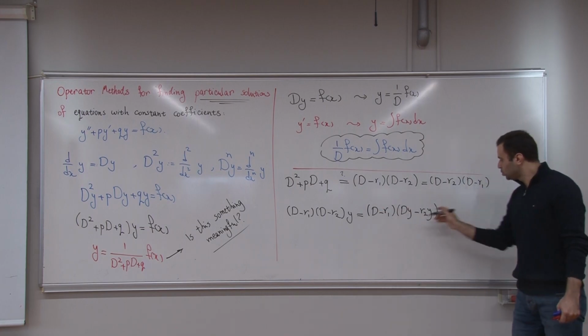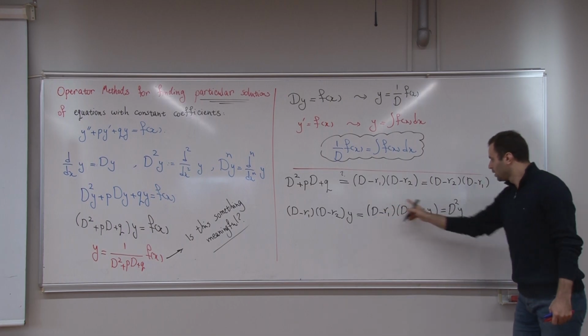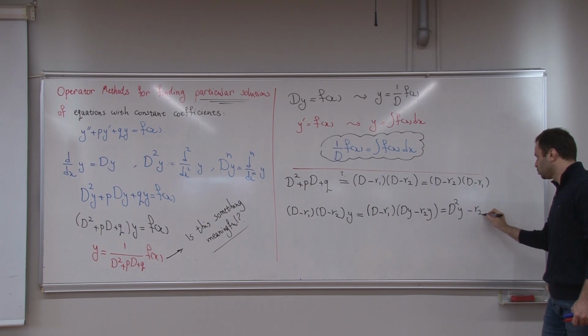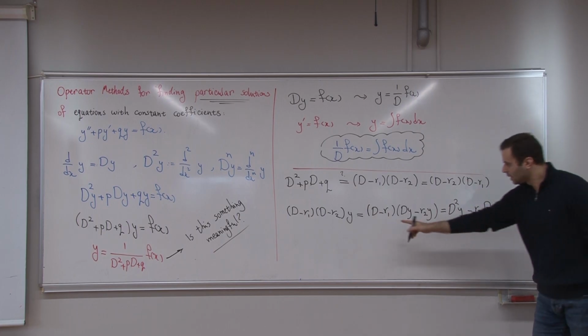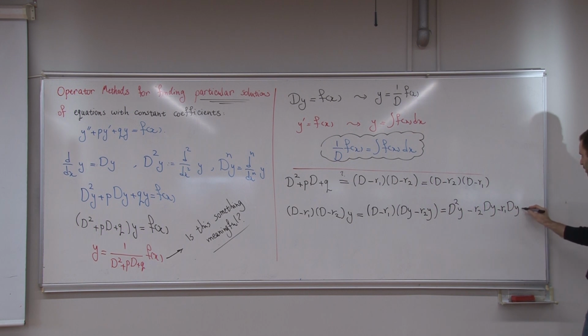This is going to be d2y minus r2 dy minus r1 dy minus r1 r2y.